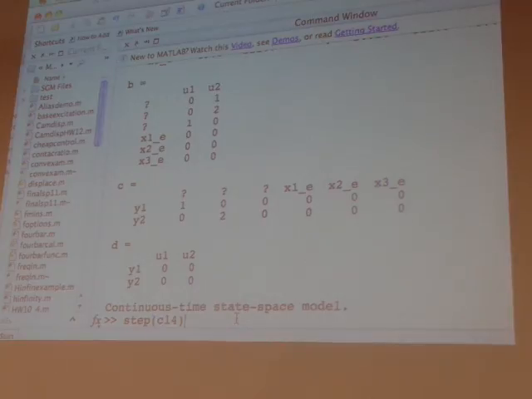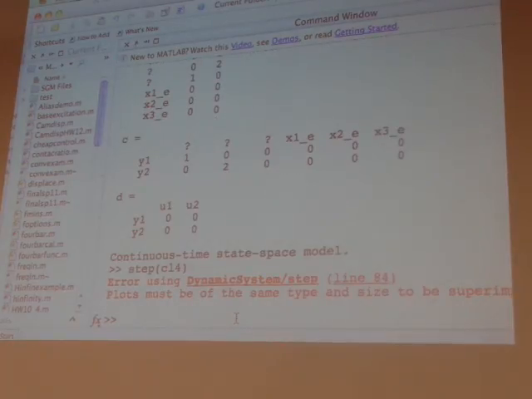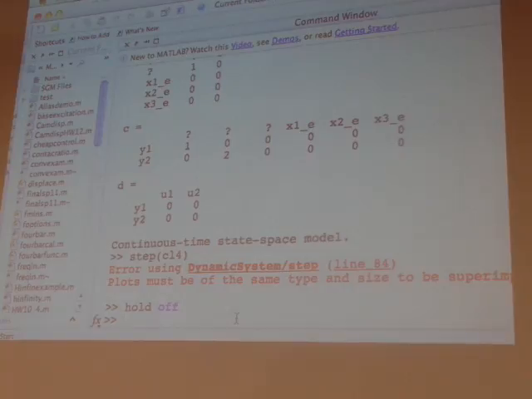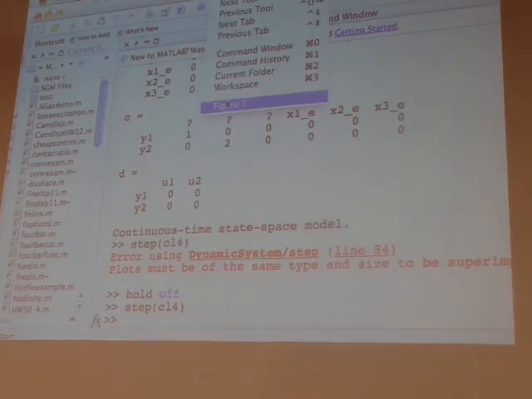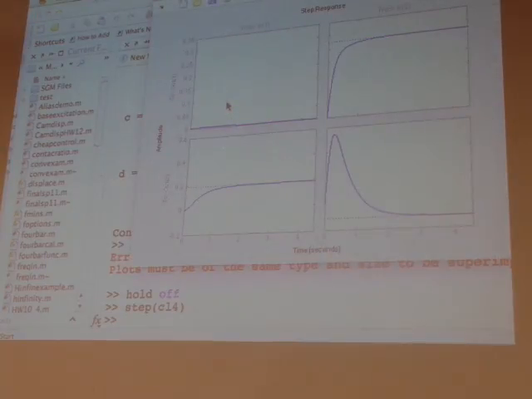I still have the other state's step responses held. It gives me an error. Reason being, it gives me 4 figures. What are these 4 figures?